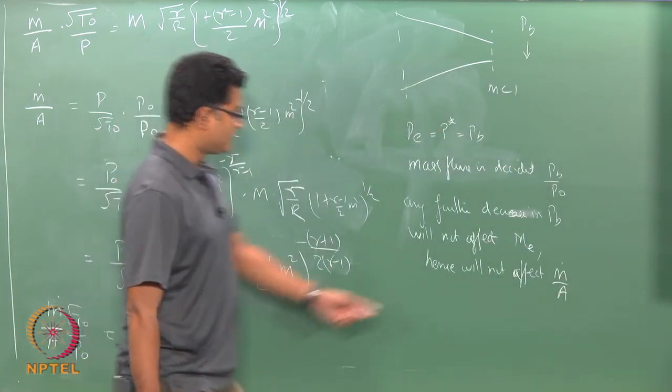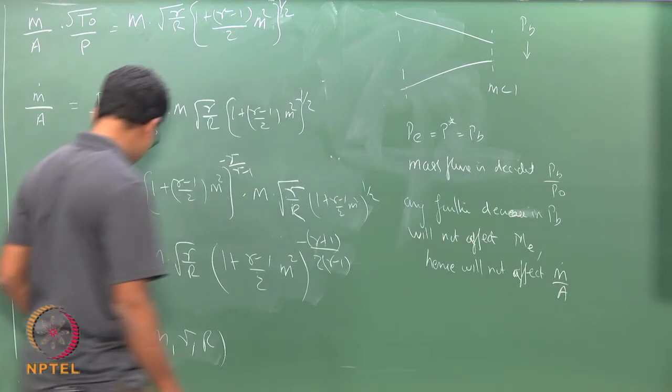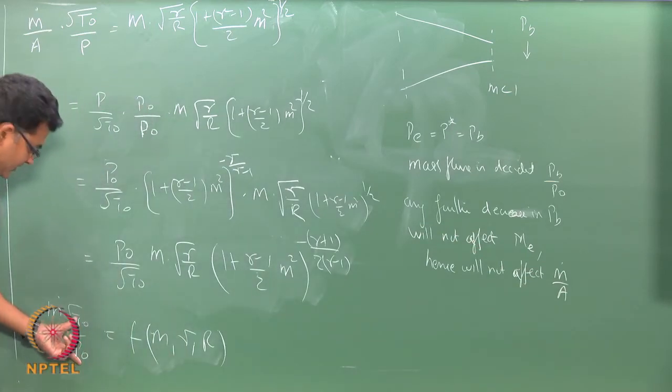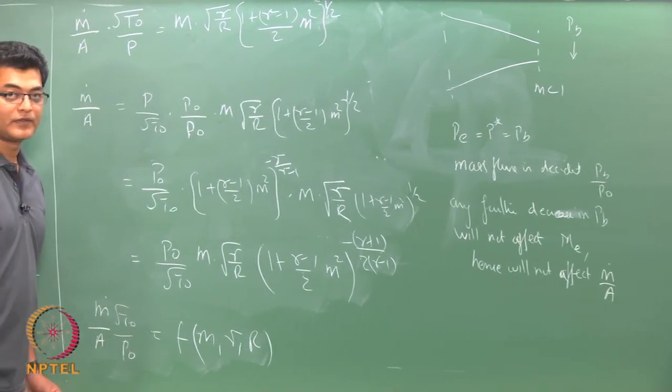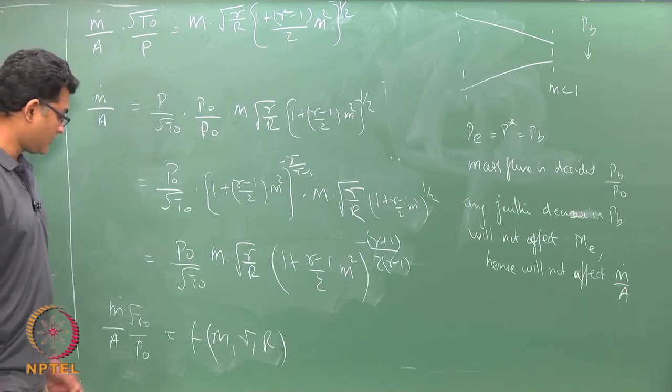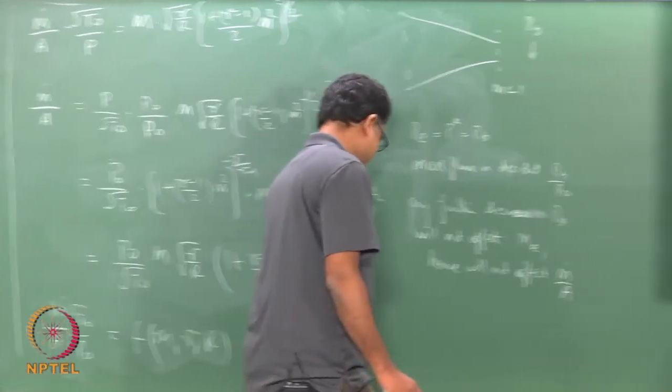So if I want to change my mass flux, I need to change my P0 and T0. So that's your choked condition.